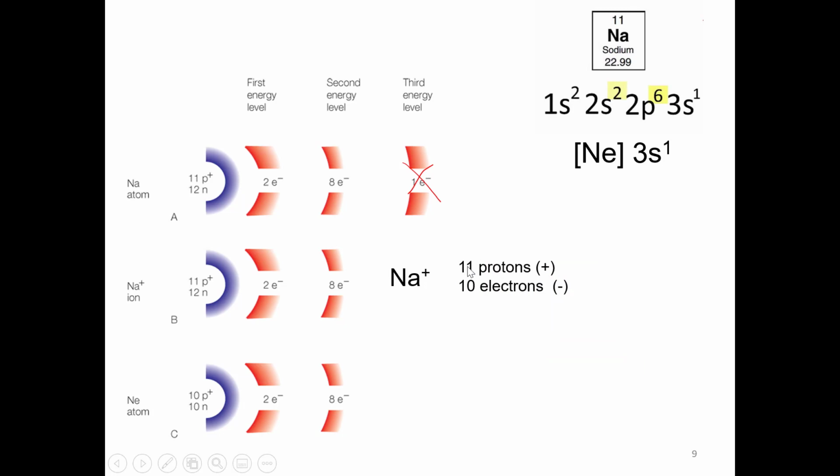Here we can see the sodium has 11 protons, but because it lost 1 electron, it now has 10 electrons. If we just do the math, we have +1. This is why sodium is a positive ion.